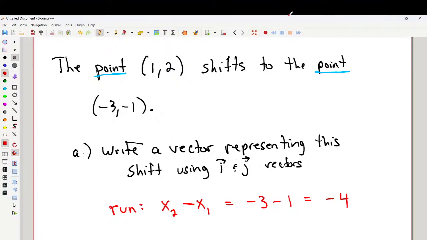So you've got to make sure you take your ending, we call that the head of the vector, and that would be the tail. This is the start, the end. This has to be your end. This has to be your start. There's your horizontal. And then your rise, in this case, same idea: y2 minus y1. -1 minus 2, -3. And so this is -4i, and then we could just write minus 3j.